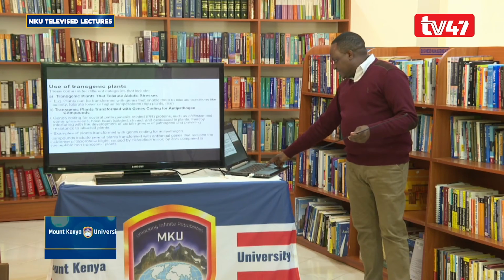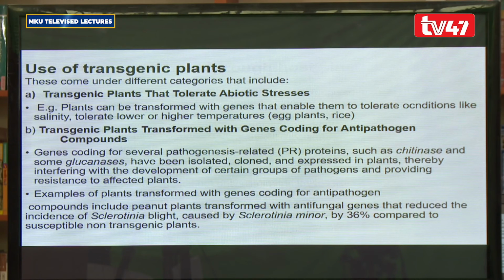The other use is, I've mentioned, transgenic plants. Transgenic plants are the GM plants, genetically modified. Either there are those which have been modified to tolerate, not to resist, abiotic factors like heat, like salinity and the rest. Then there are those which have been infused with a gene that can resist pests.